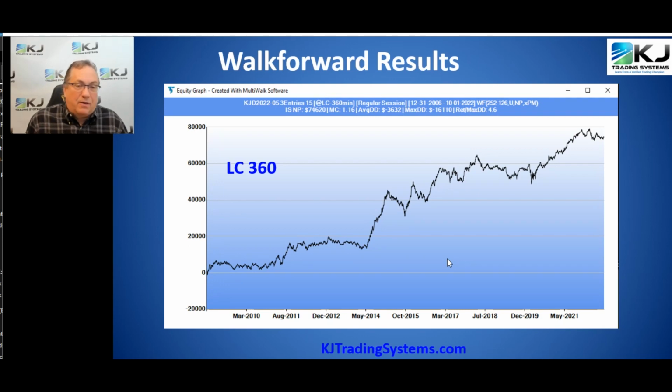Here's a slightly better one, live cattle over 360 minute bars. And again, this goes back to roughly 2007 or so. And it's better. Still has some scary periods, but this would be probably more tradable than the gold one.